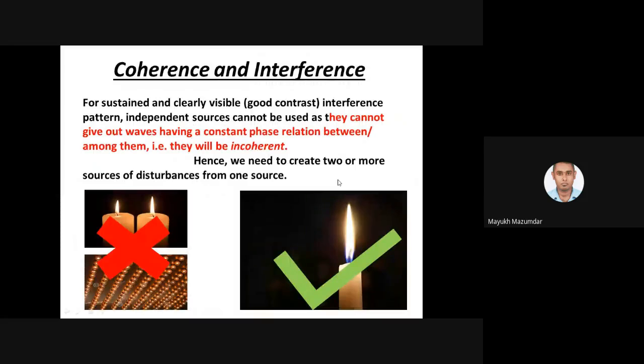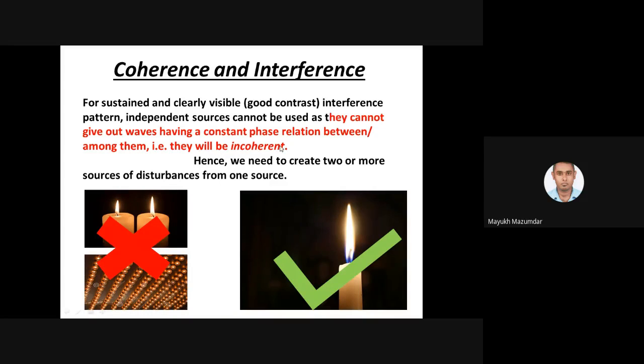But in reality, it is seen that they may interfere, but that interference won't be sustained or visible. And they may not interfere at all. That is also possible. Why? Because for the interference phenomenon to occur, the two or more waves which are interfering must have a constant phase relation between them. We'll see at the end of the chapter, in a numerical problem, why incoherent or non-coherent sources cannot give interference.